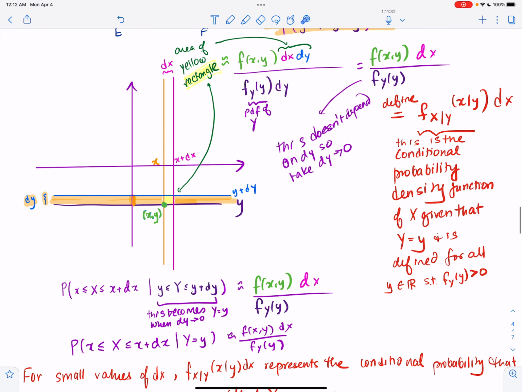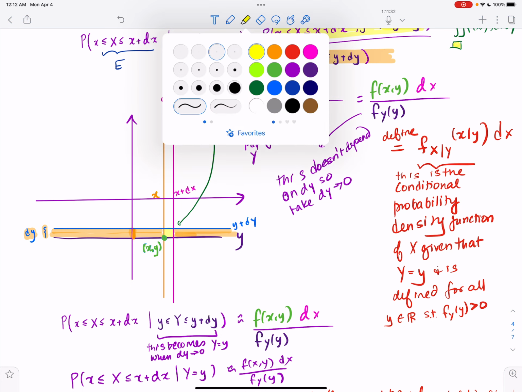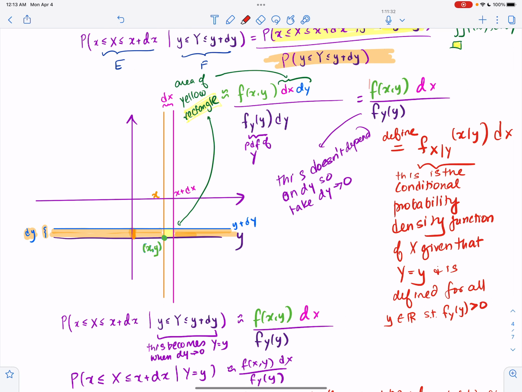So the density of x given y, that's how you write it, dx, you'll define this to be this. So this ratio over here, let's put it in a box. This ratio over here is defined to be this.